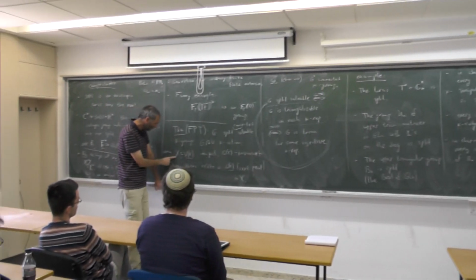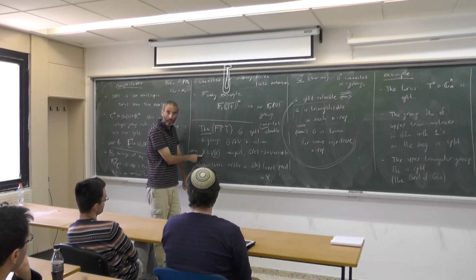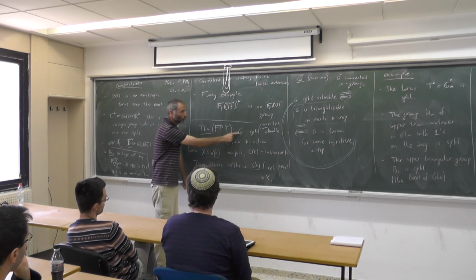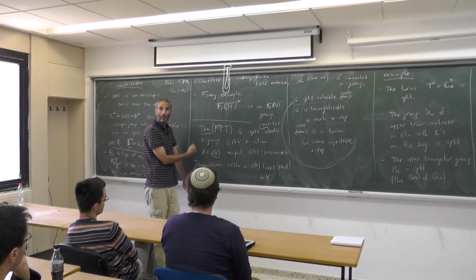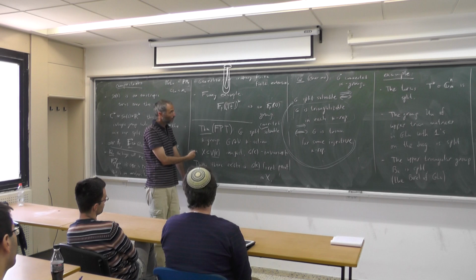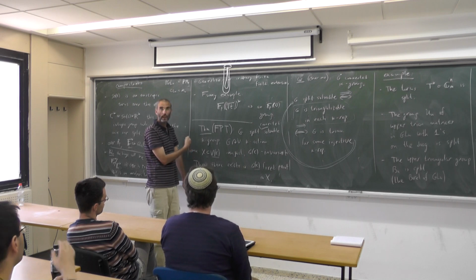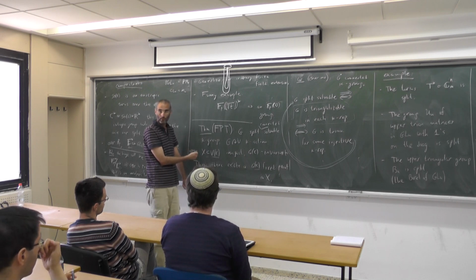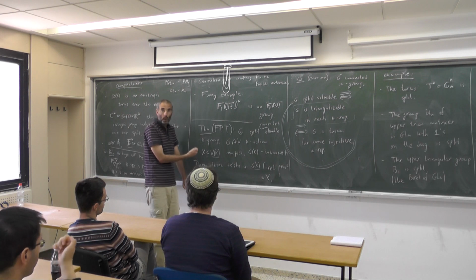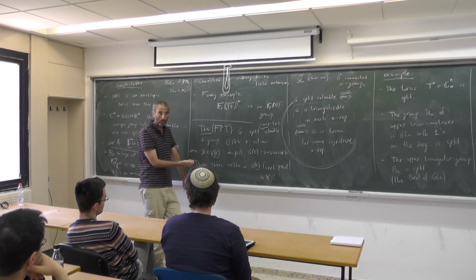So the thing is that because X is compact, and again, I will give another proof of another flavor later, because X is compact and because G is solvable and abelian, I have a G-invariant measure. Actually I can take a G-invariant ergodic measure, which I always have by ergodic decomposition.